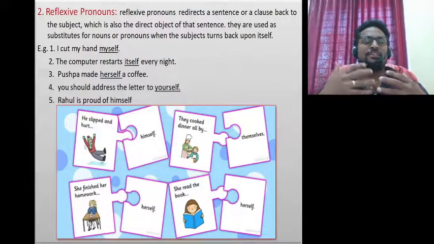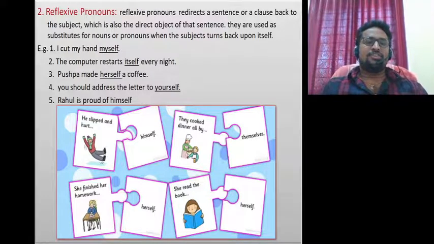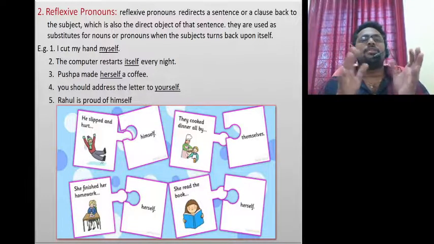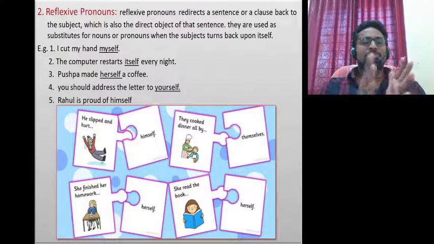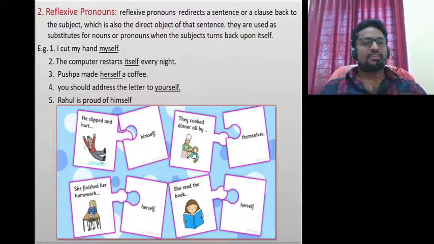However, an image reflects back onto our face when you look at the mirror. Like that, whatever the action performed by the subject, that action is reflecting back onto the subject. For example, the computer restarts itself every night.